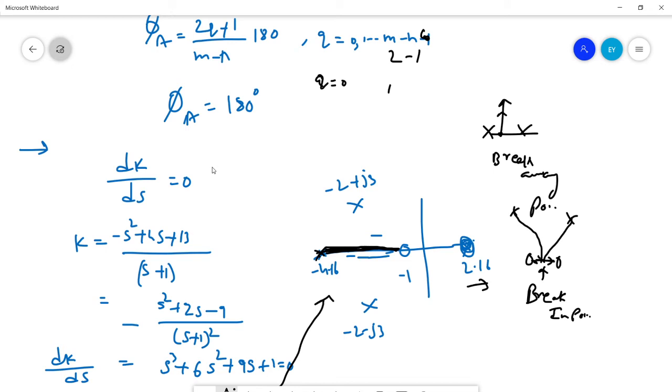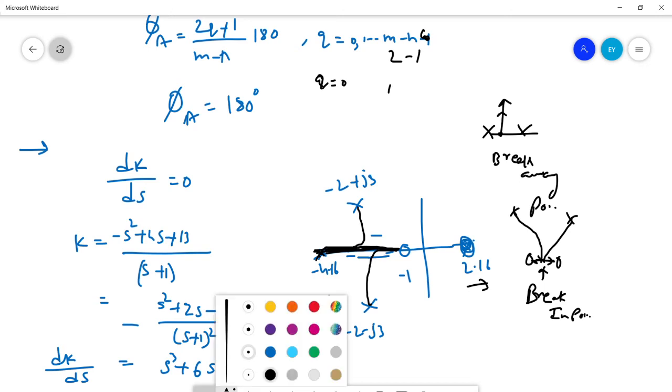Here we have 1 zero and 2 poles, and a pole tends towards the real axis and ends at the zero. So either -2 + 3j or -2 - 3j converges towards the real axis and ends at the zero. The other pole will end at another zero somewhere at infinity. That's why we need to find a break-in point in this case.